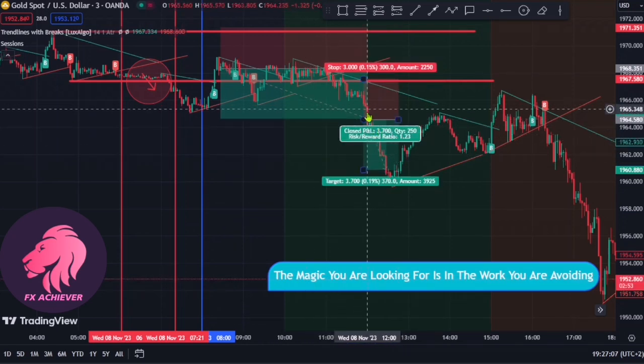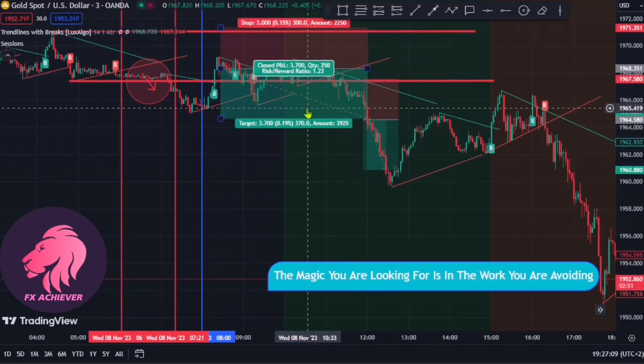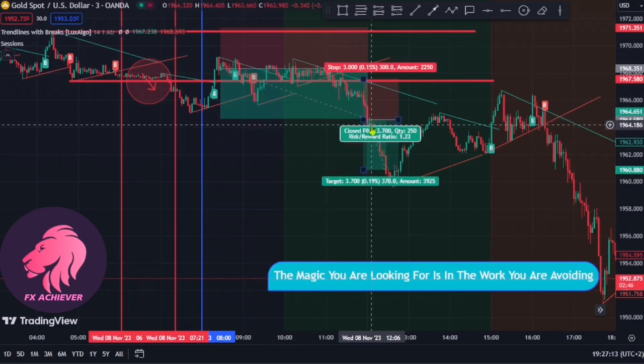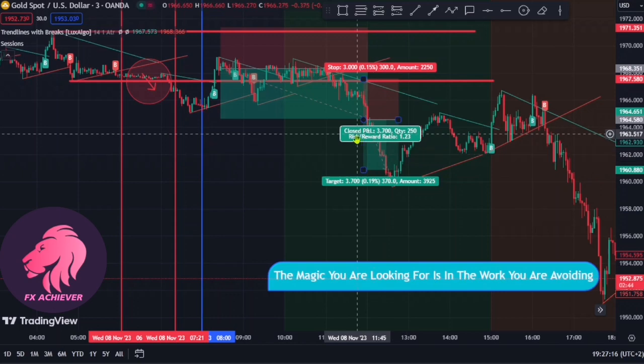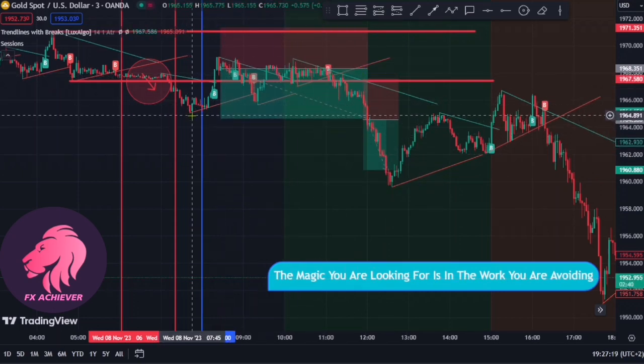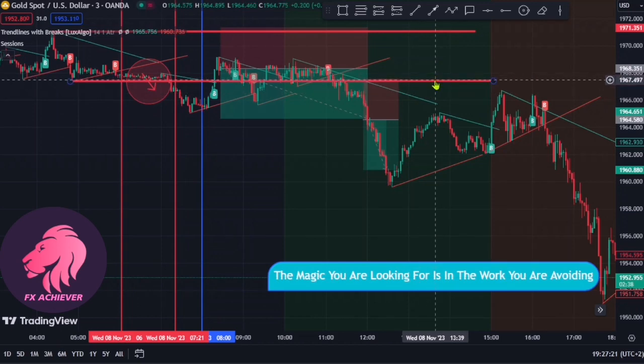As soon as my profit target gets hit, I place another selling opportunity immediately, because as you can see, there's no need for me to keep on marking the lower lows here.